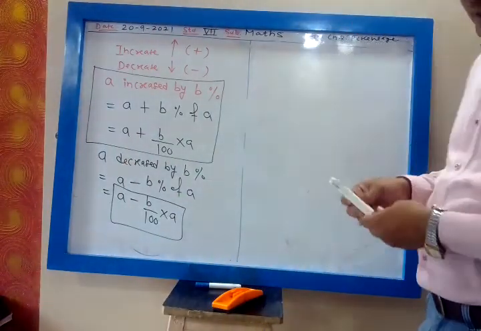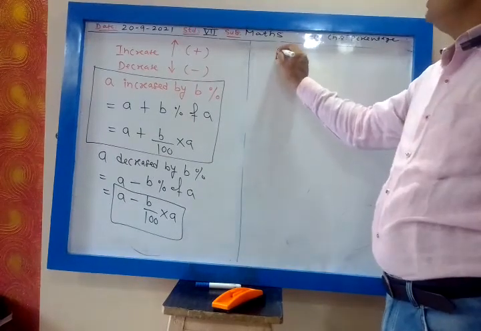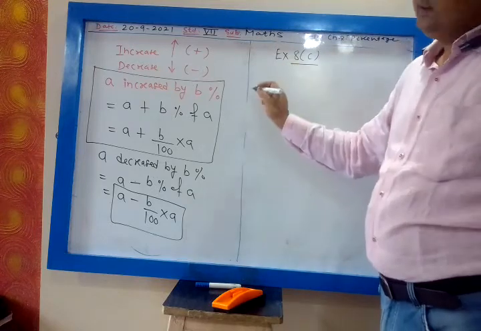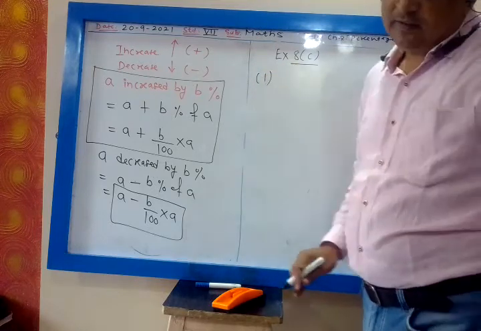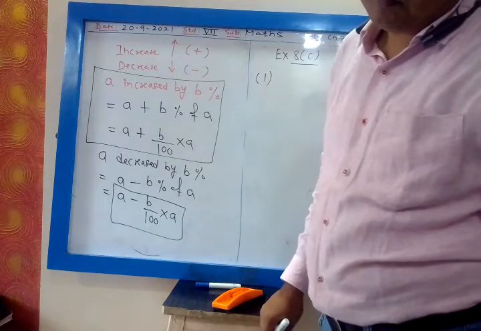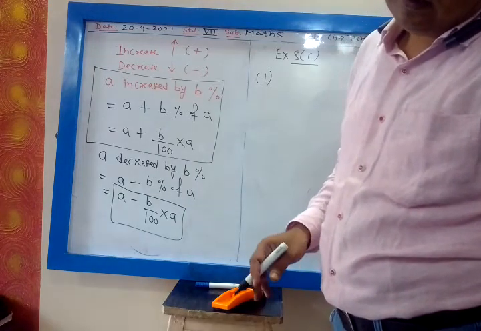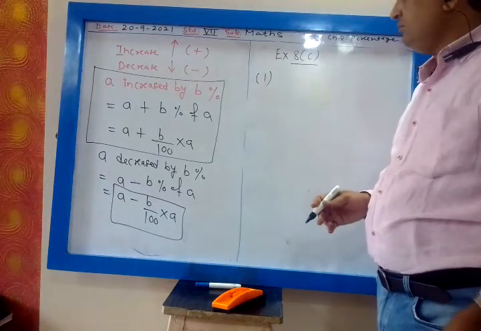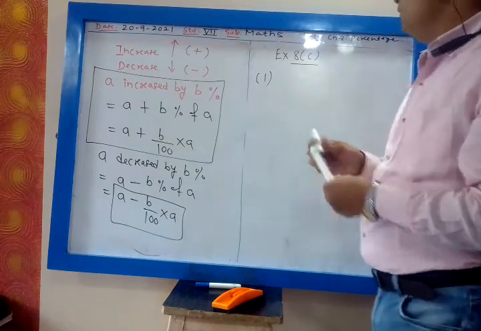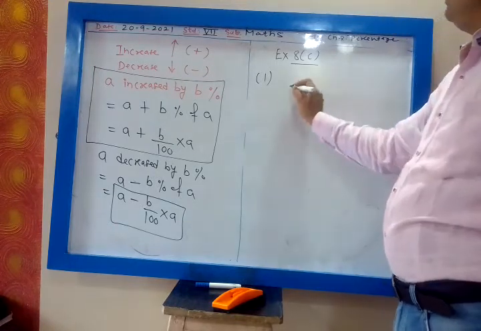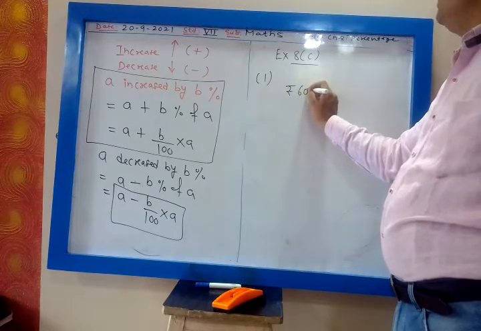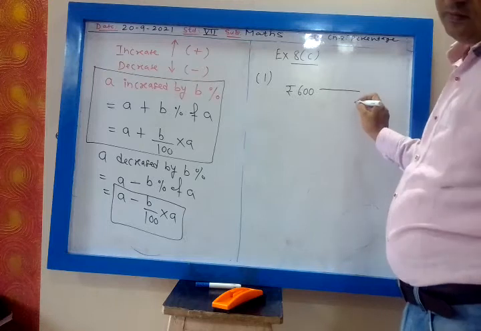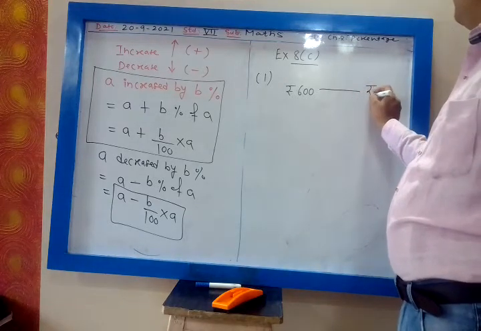Let us solve the question 8c. The salary of a man is increased from 600 rupees to 850 rupees per month. Express the increase in the salary as a percentage. You don't need to write the question, just draw this.